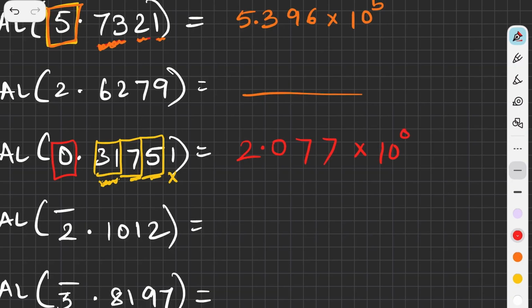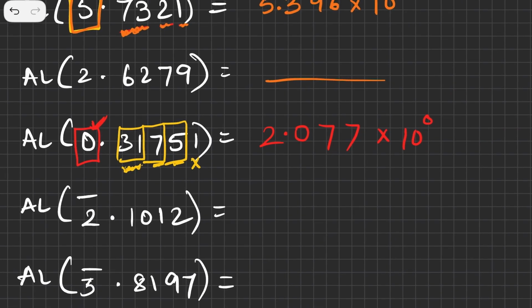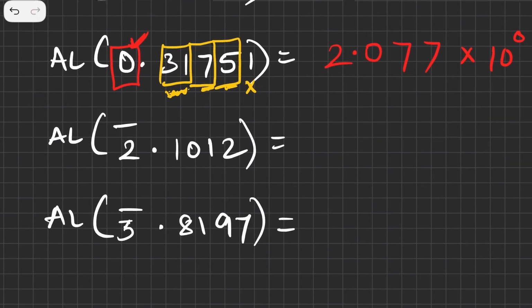If this number was plus 21, I would have written 10 raised to 21. If this number was minus 21, I would have written 10 raised to minus 21. So just make sure that whatever number is just before the decimal point, you put that into the power of 10. That's how we do it.